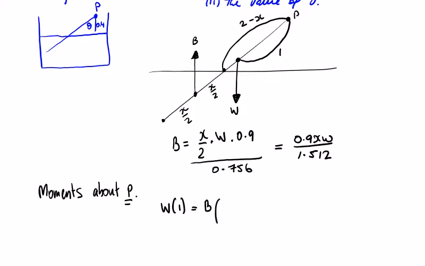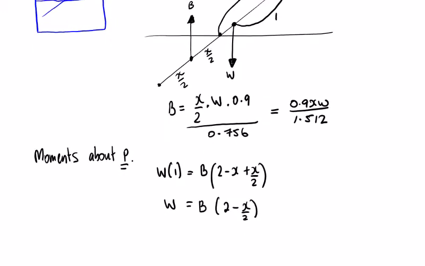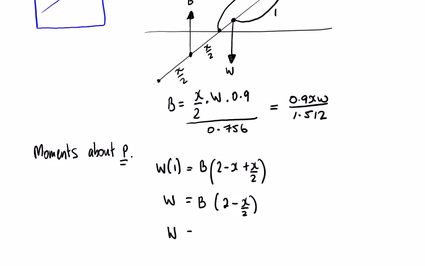B is 2 minus X plus X over 2. So W is equal to B times 2 minus X over 2. Let's tidy that up a bit: W becomes B times (4 minus X) over 2.